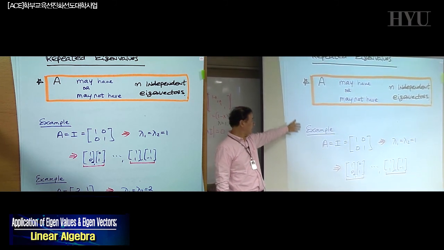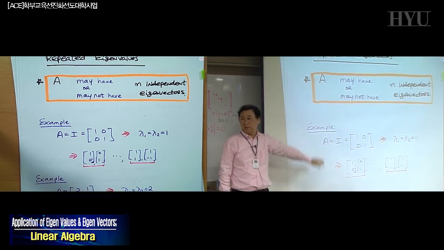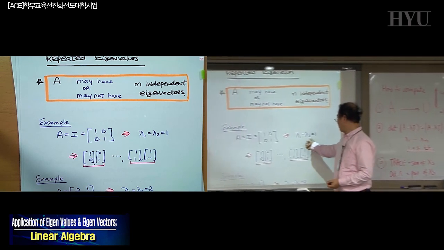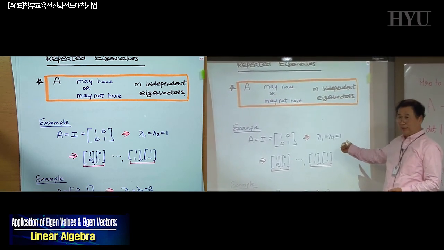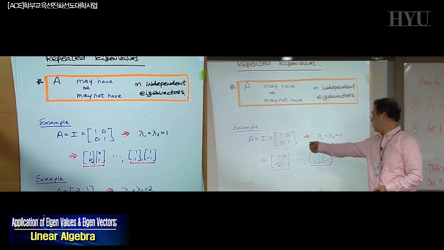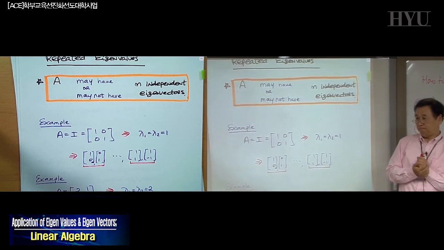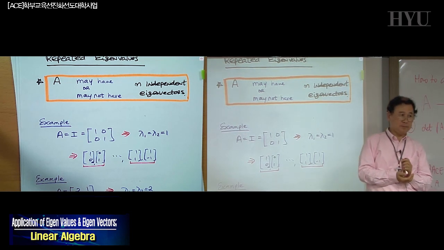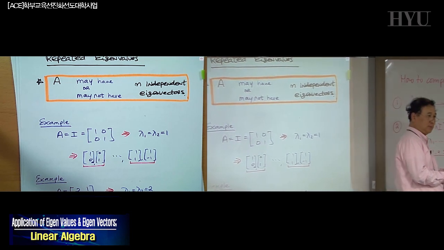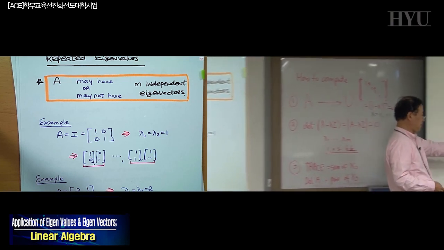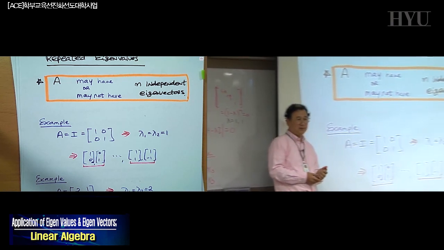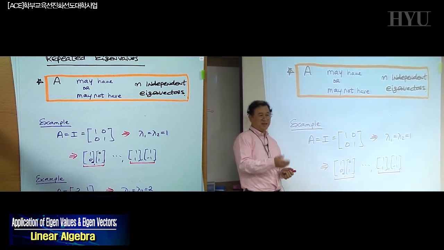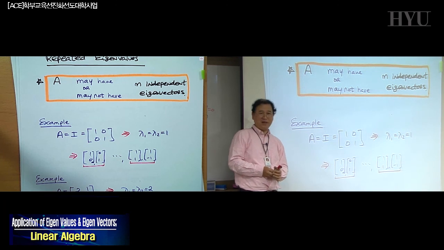Like in the case of the identity matrix, where lambda 1, lambda 2 are all 1, right? In that case, what are the eigenvectors? What are the eigenvectors for the identity matrix? Eigenvalues, okay, that's easy. How about eigenvectors?